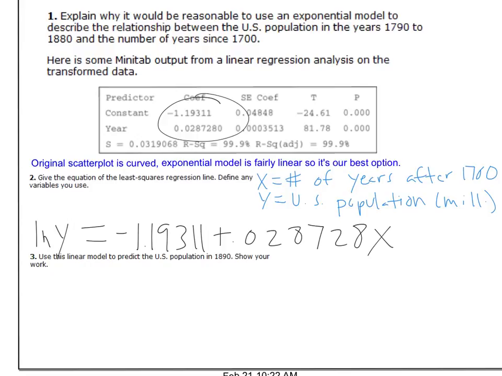And be careful about that part. Okay, that we did before on the transistor model with the computer chips. Now, here's the next step. Let's use this to make a prediction.